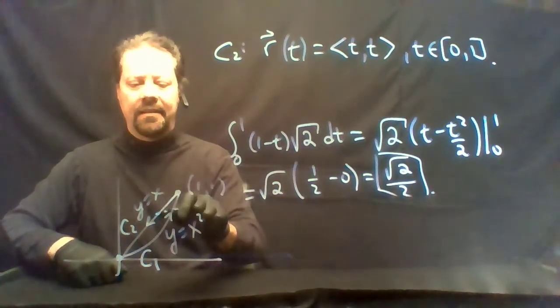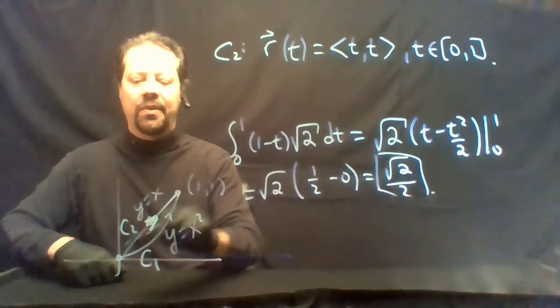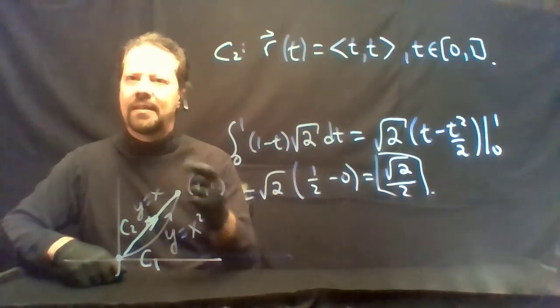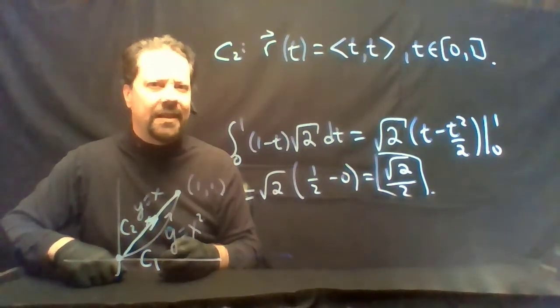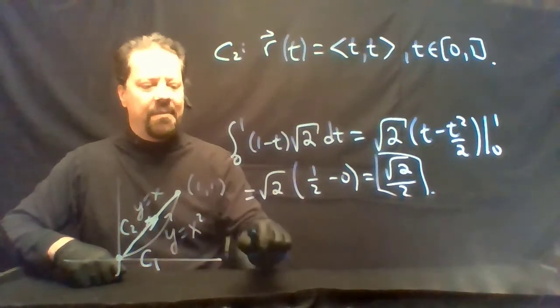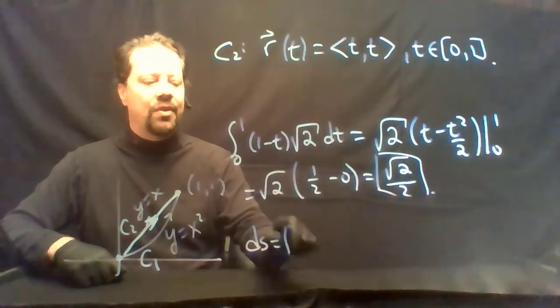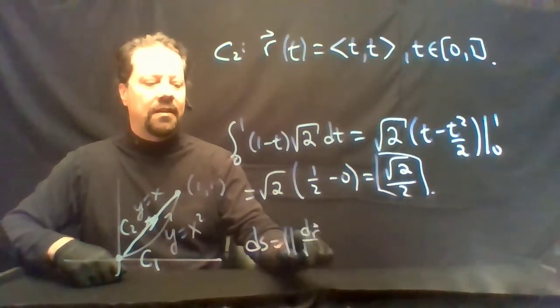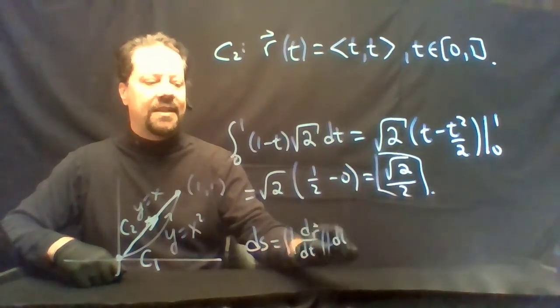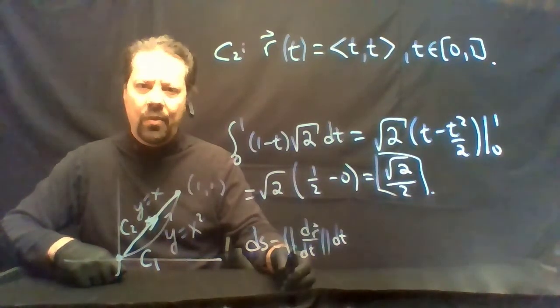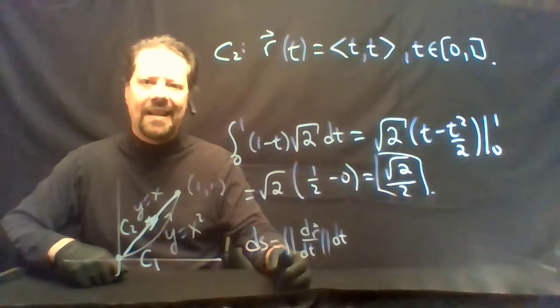Now, technically, this gives us the parameterization going in the wrong direction. I ask, does it make a difference? Keep in mind that ds is the norm of dr dt times dt. The norm is non-negative no matter what.